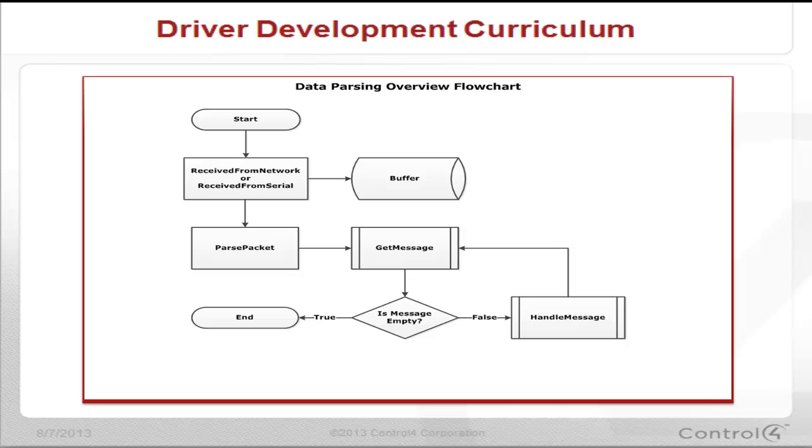GetMessage then pulls the complete data string from the buffer and calls handleMessage. HandleMessage then parses the data envelope for the message contents. If the message contents have been associated with a notification in the dev_message table, a notification is sent to the proxy which reflects the content of the message.